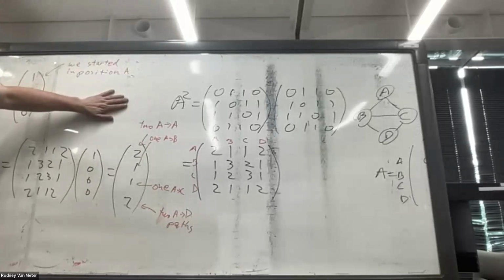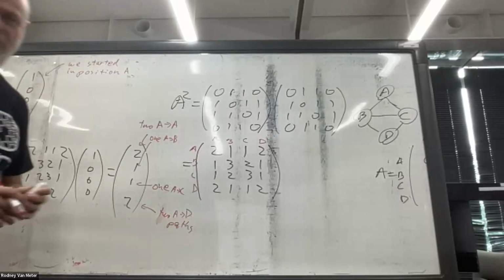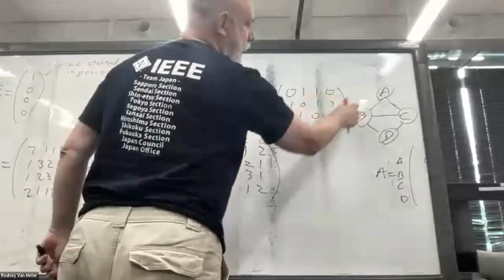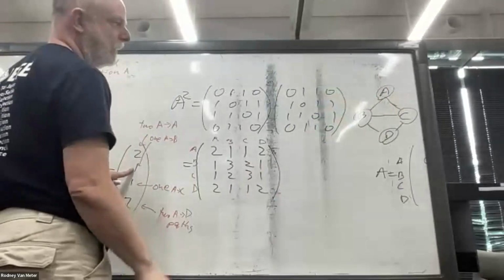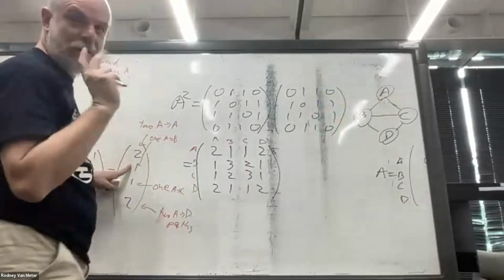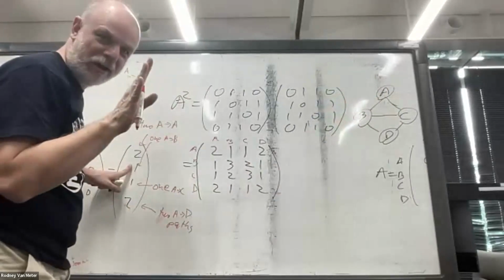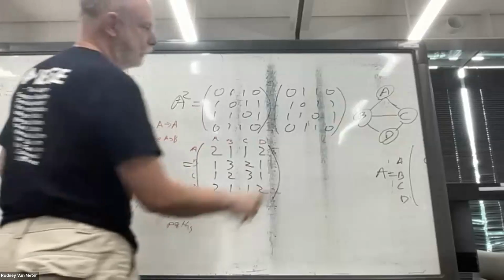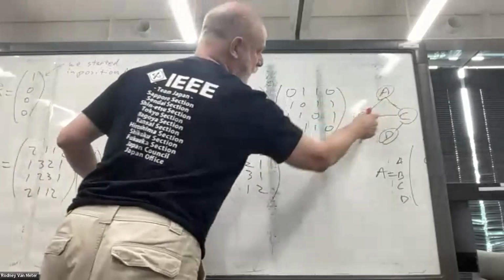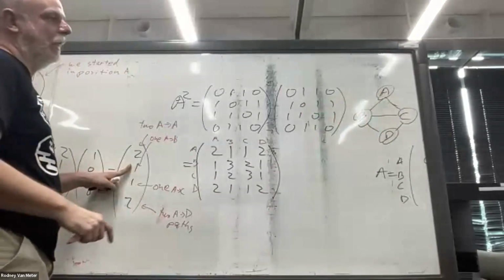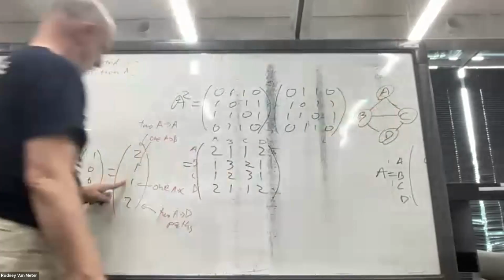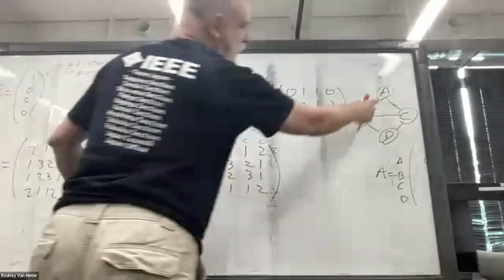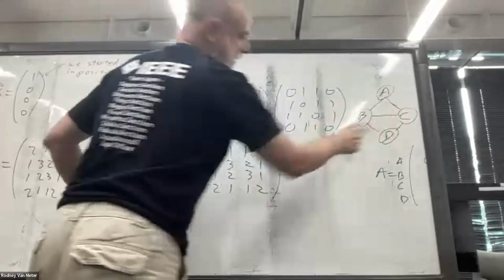Does that make sense? Two ways to get to A, we said A, B, A and A, C, A. One to get from A to B. The only way to get from A to B in exactly 2 steps, not 2 or less, but exactly 2 steps, is A, C, B. Likewise, the only way to get to C is A, B, C. And how can we get to D? A, B, D, or A, C, D.